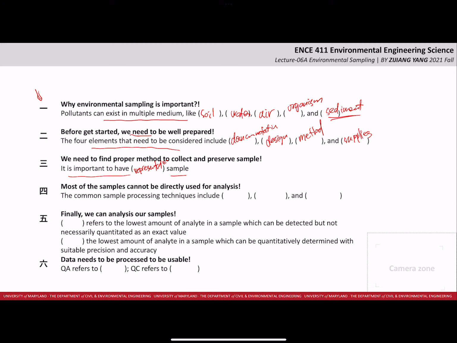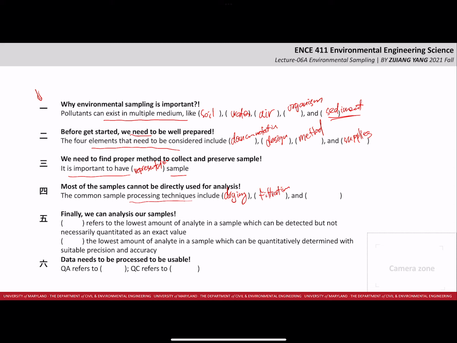And the common sample processing techniques include, we have 3. Do you guys remember? Drying, yes.